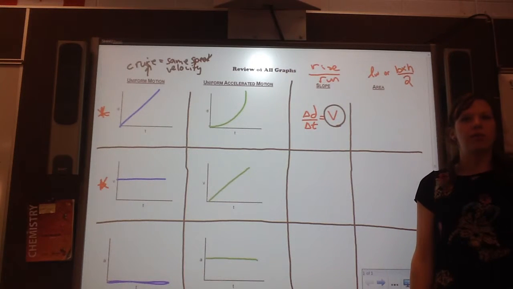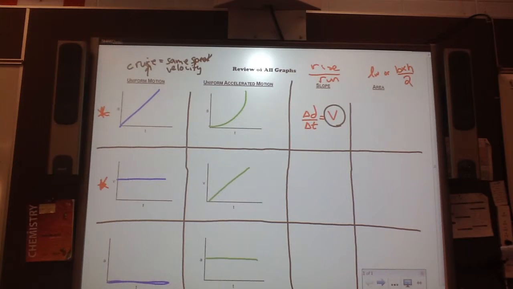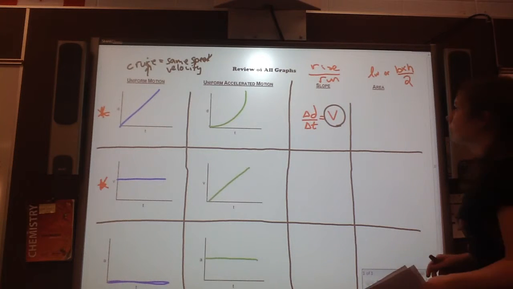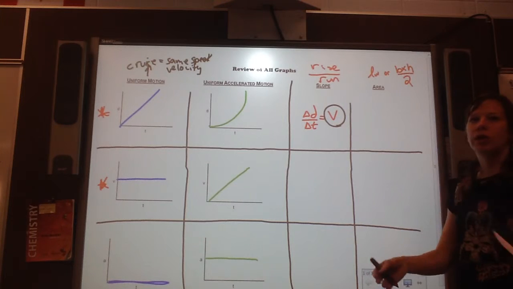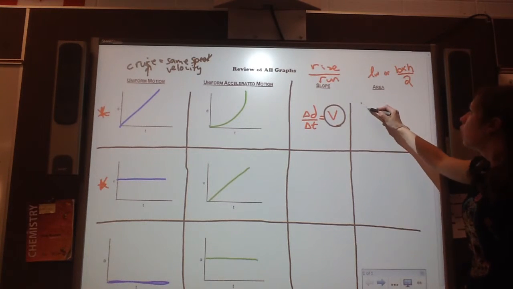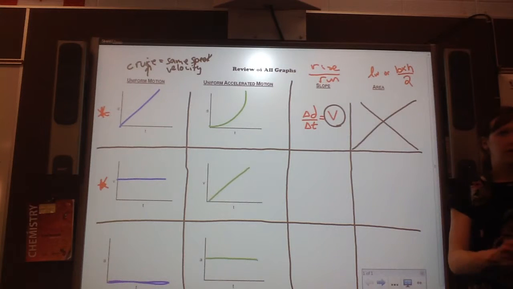If it's distance, you find speed. I'm just doing a generalized version. We don't do anything for area with DT graphs.